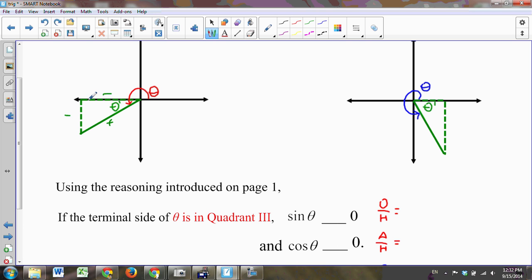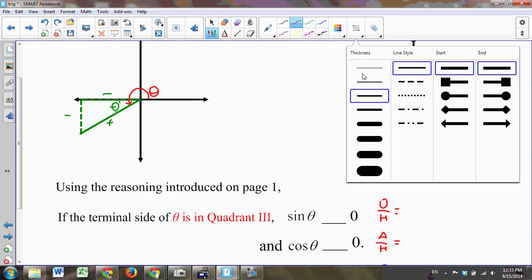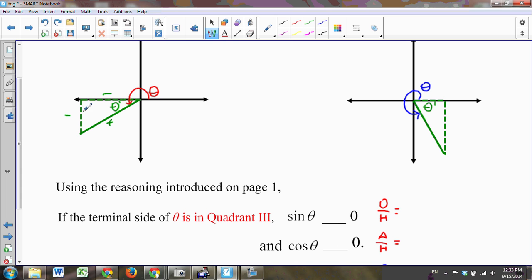So opposite, negative, divided by hypotenuse, positive, is going to be negative, less than 0. Cosine is adjacent over hypotenuse. Again, we have a negative adjacent divided by a positive hypotenuse. Negative divided by positive is negative.